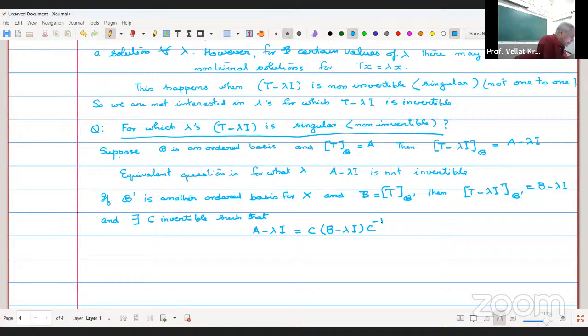Now you see that A minus lambda I is invertible if and only if B minus lambda I is invertible.